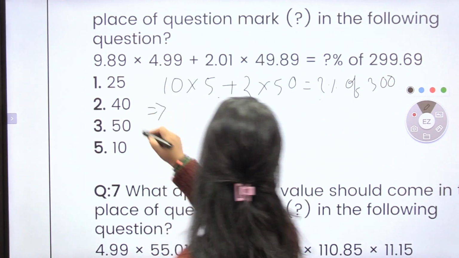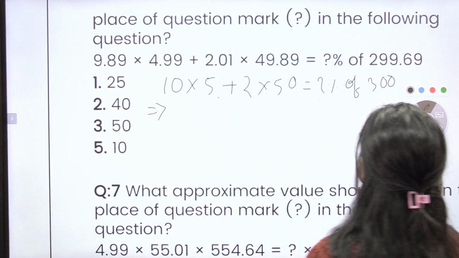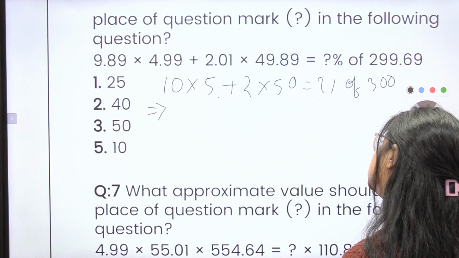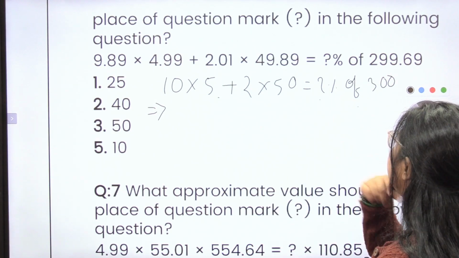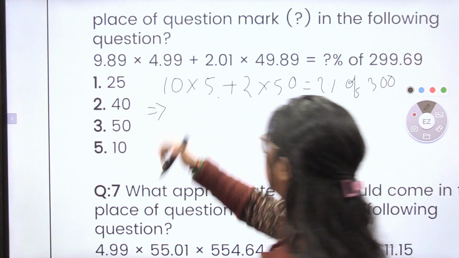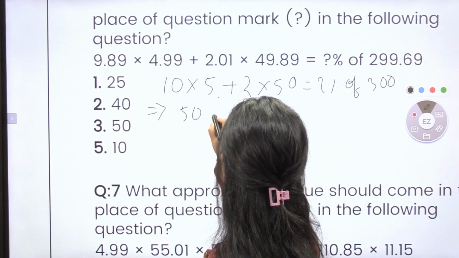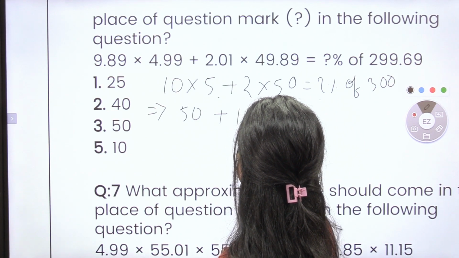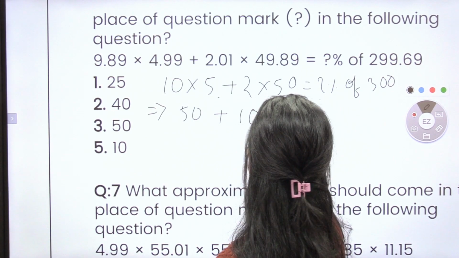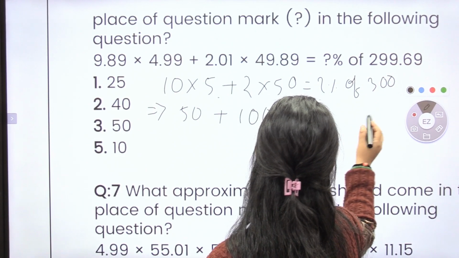Okay, fine. Now what you need to do? You need to do the of, but with of we have percentage. So let's solve here. So it will give you 50 plus 100 is equal to question mark percent.